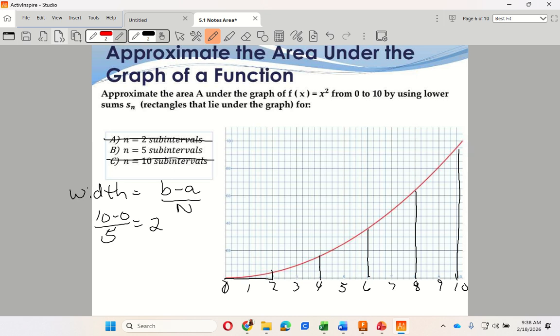Technically, since I'm making the formula here, and I want you guys to see it like this, it should be f of the lower. So on this one, we have a function. That's my height, so it's 2 times f of, in this case, 0.